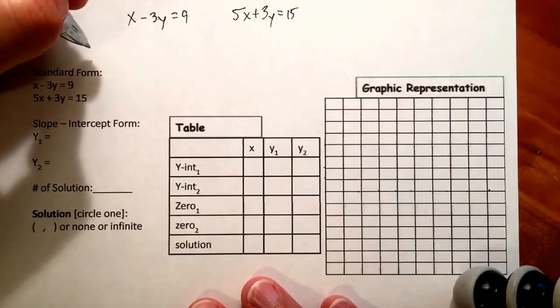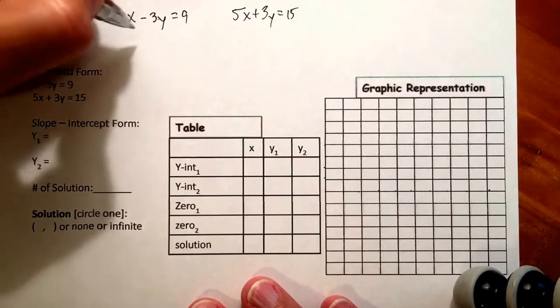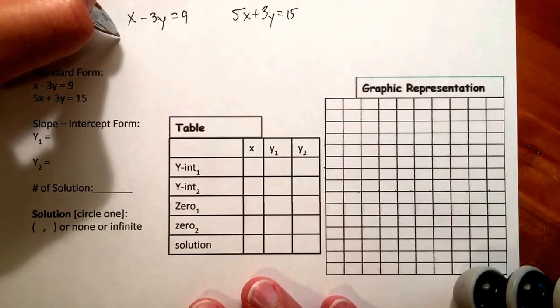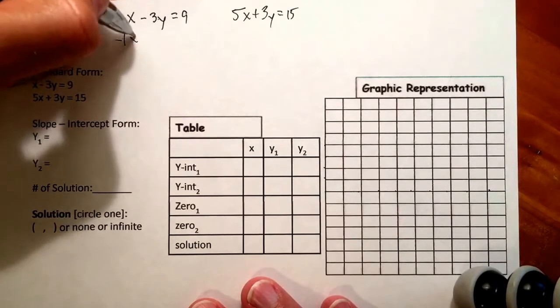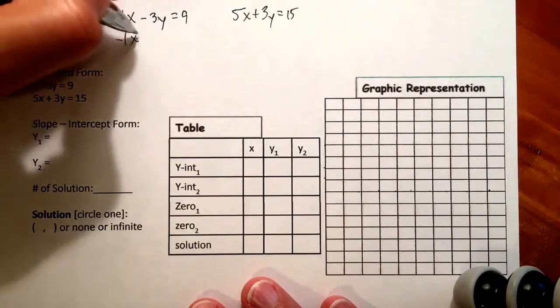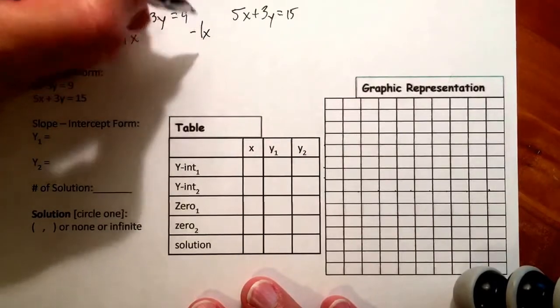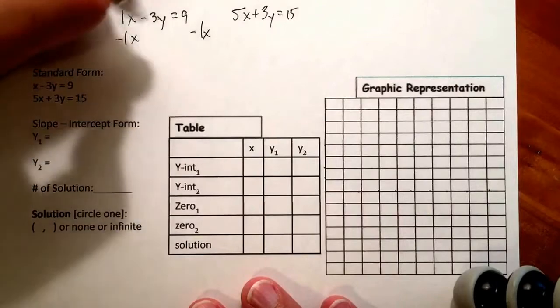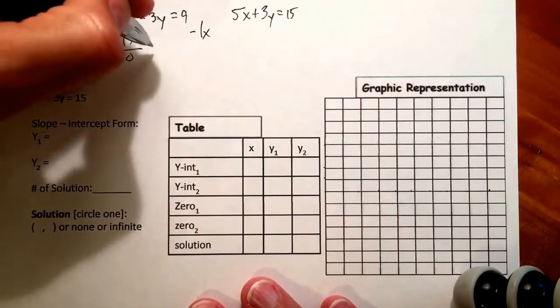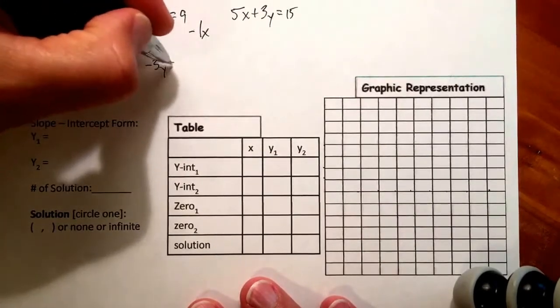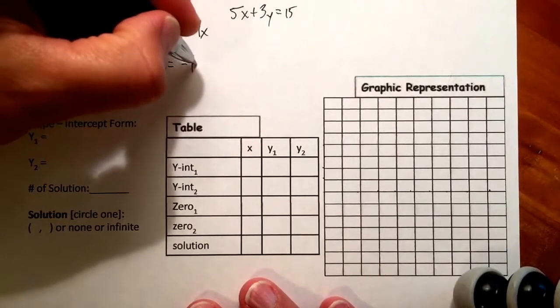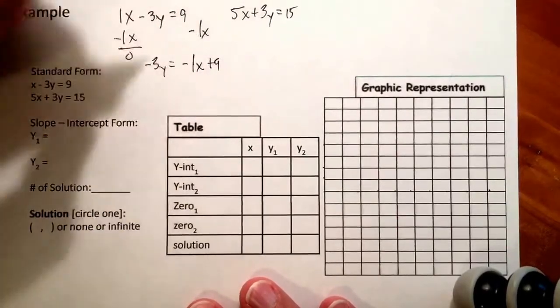So we want to solve for y. We want to get y by itself. So we want to subtract 1x. There's 1x here, so we want to subtract 1x from both sides of the equation. And then we need to simplify. Negative 3y equals negative 1x plus 9.